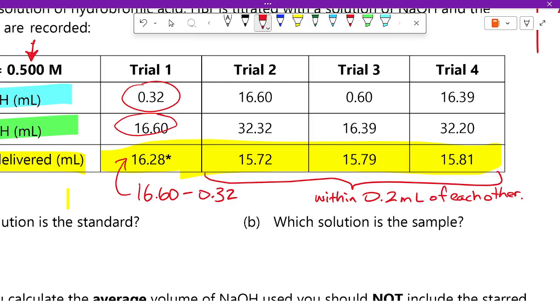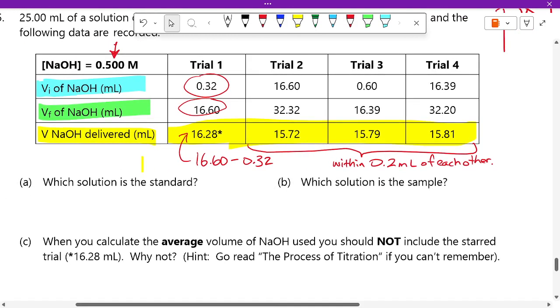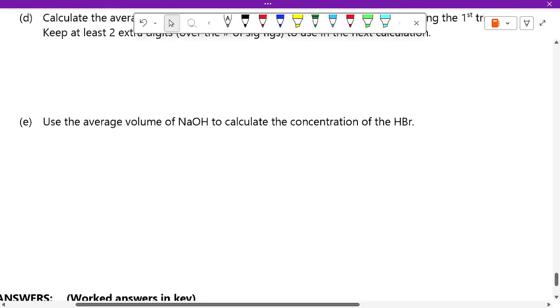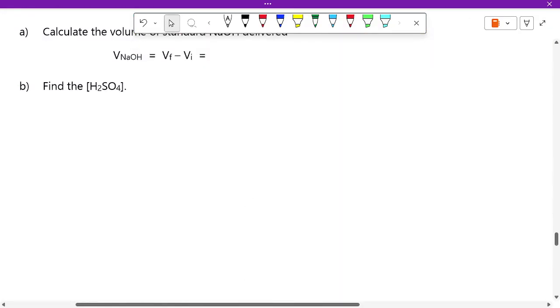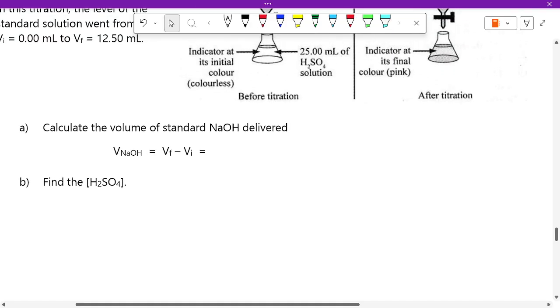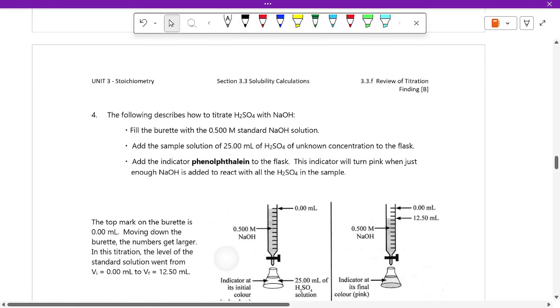So, now you know how to do titrations. There are questions here about titrations. There's 5 of them. You can work through some of those. I would say at the very least, maybe do number 4 and 5.